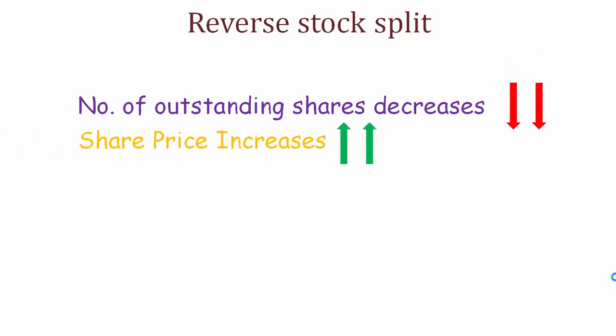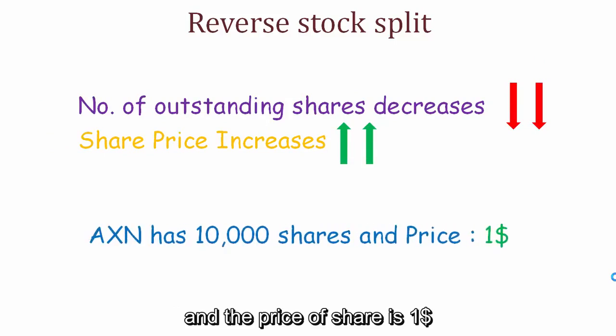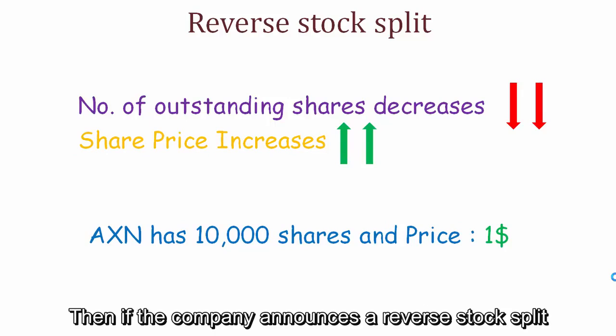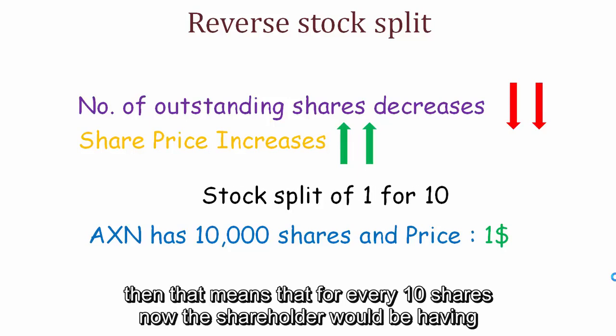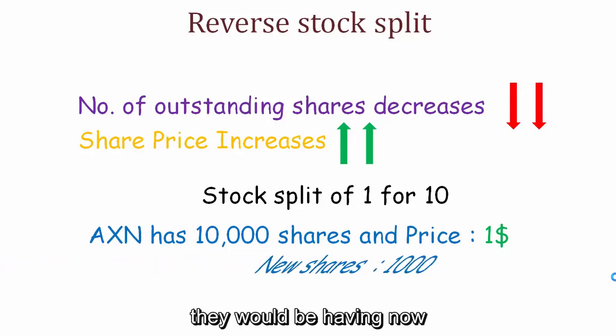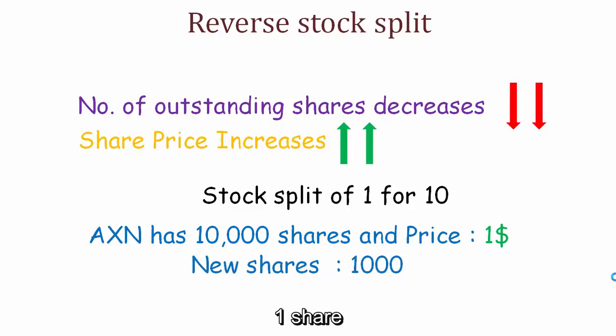For example, if a company EXN has 10,000 shares and the price of a share is $1, and the company announces a reverse stock split of 1 for 10, that means for every 10 shares, the shareholder would now have 1 share.